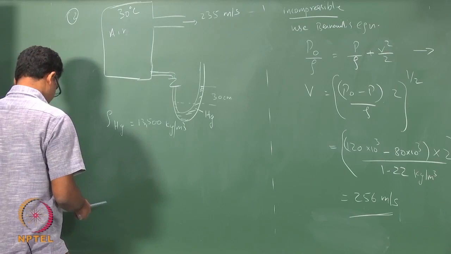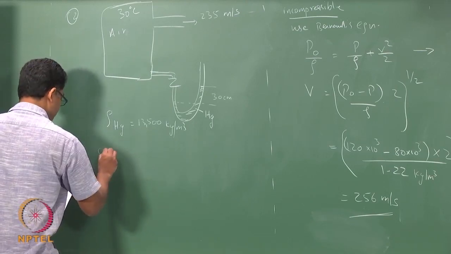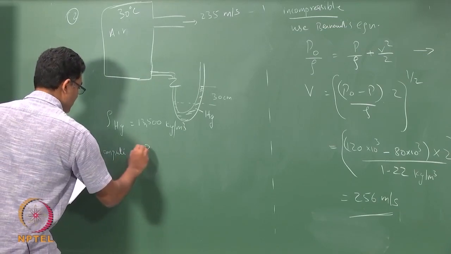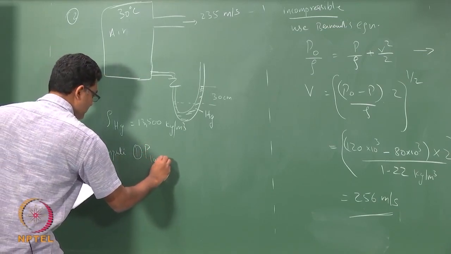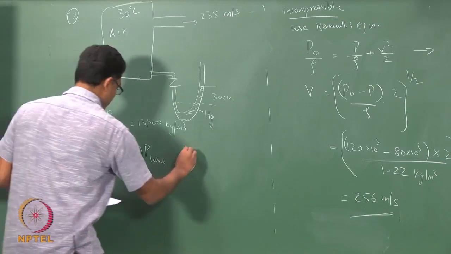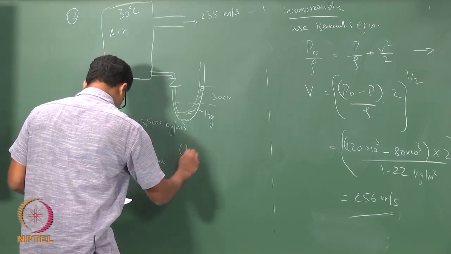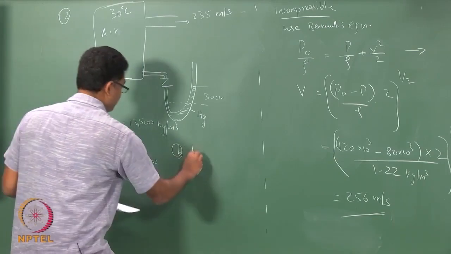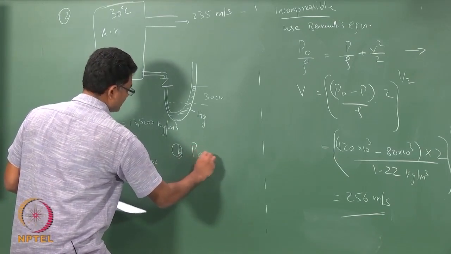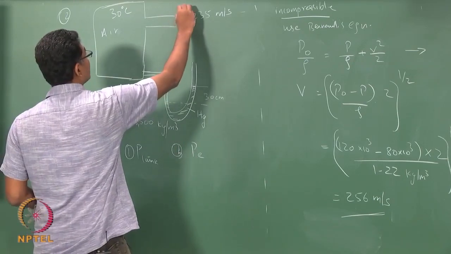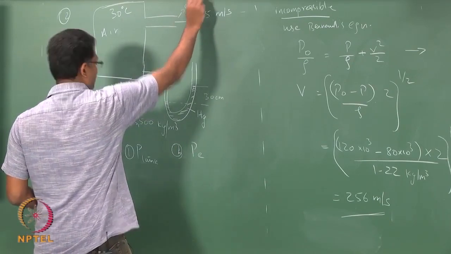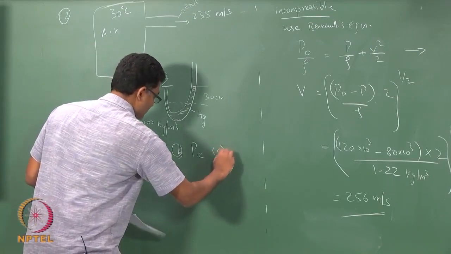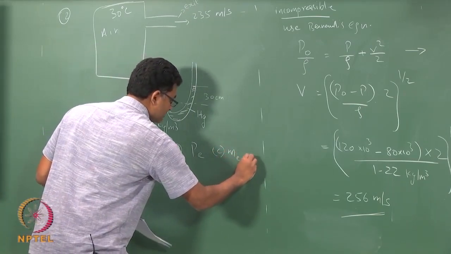If that is the case, find P of the tank, P at the exit, M at the exit.